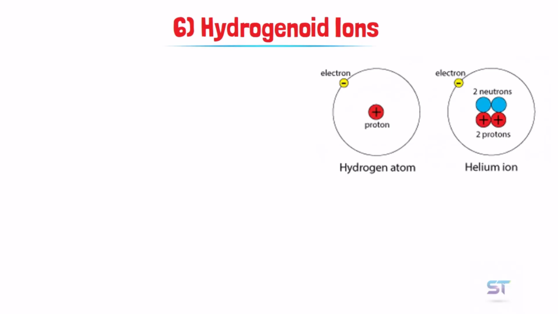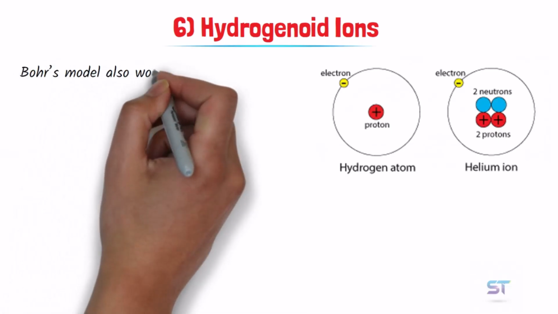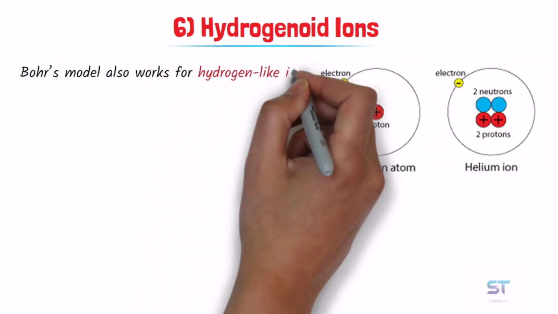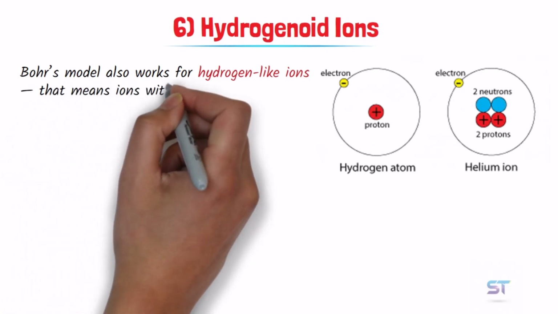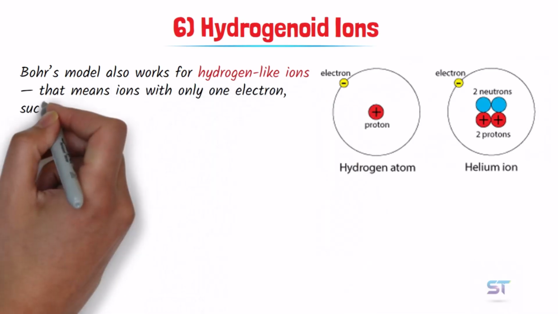Bohr's model also works for hydrogen-like ions. That means ions with only one electron such as helium plus and lithium plus 2.